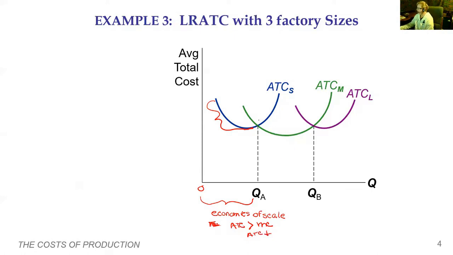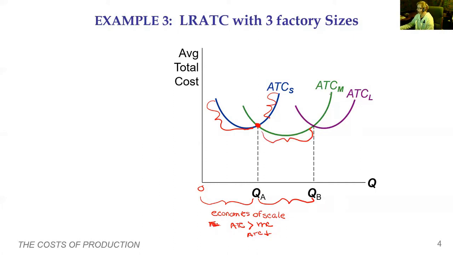Okay, now at which point when I get to quantity A, I don't want diseconomies of scale. That would be this section right here. So I'm going to open up a new factory, a larger factory, maybe change locations or something like that. And then I'm going to continue to reap economies of scale from A to B. That's this portion right here.